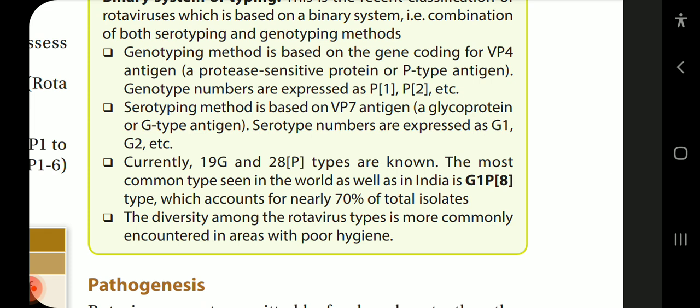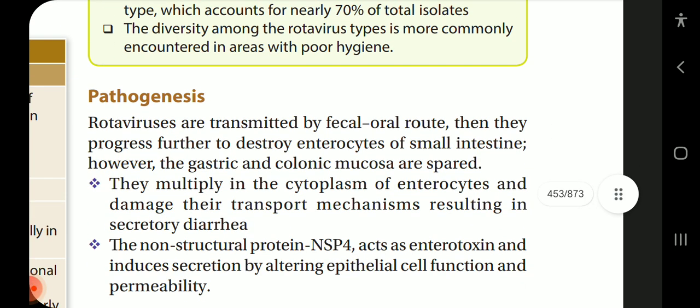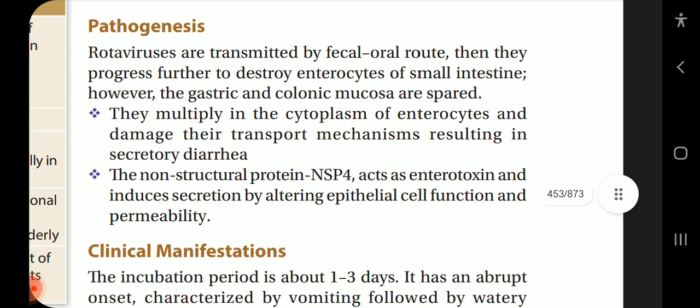Serotype numbers are expressed as G1, G2, etc. Currently, 19 G and 28 P types are known. The most common type seen in the world as well as India is G1P8, which accounts for nearly 70% of total isolates. The diversity among the rotavirus types is most commonly encountered in areas with poor hygiene.